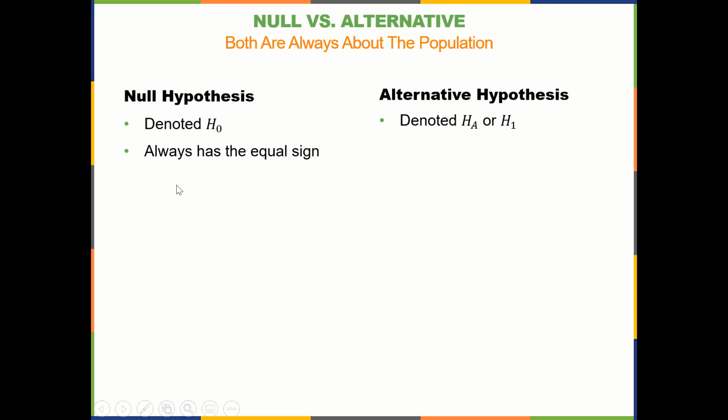Now, the authors of our textbook, there's two of them, and one believed that you should only use the equal sign with the null hypothesis, and one believed that you can use less than or equal or greater than or equal as well. And we're choosing in this course to use the equal sign only because it is more proper. You can try to understand this by thinking about how we're trying to find evidence to reject this null hypothesis.